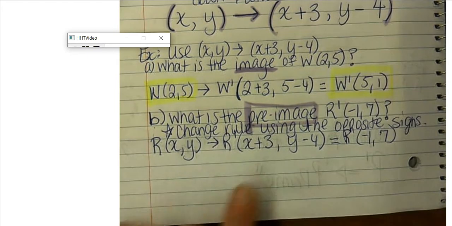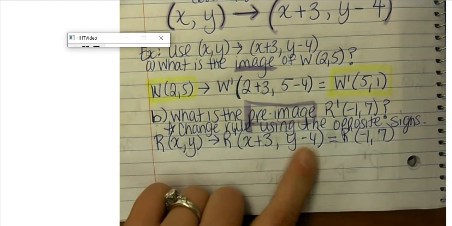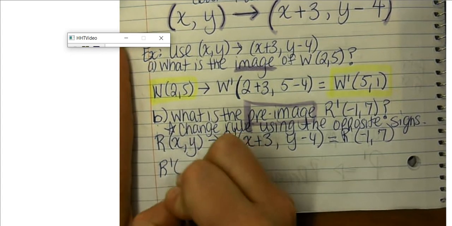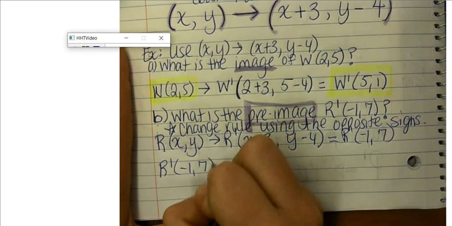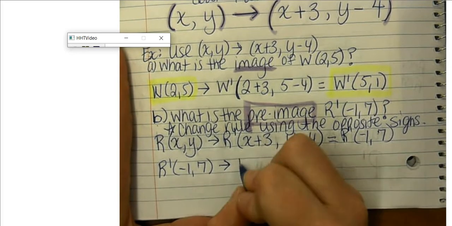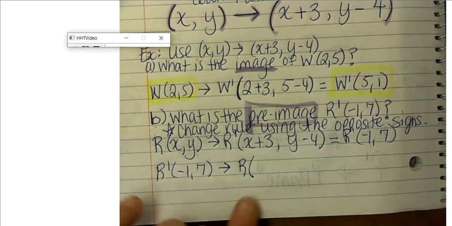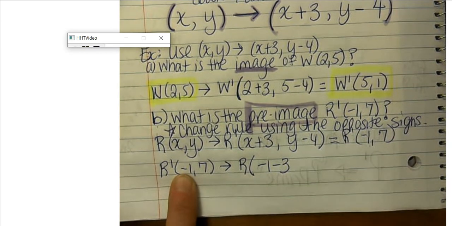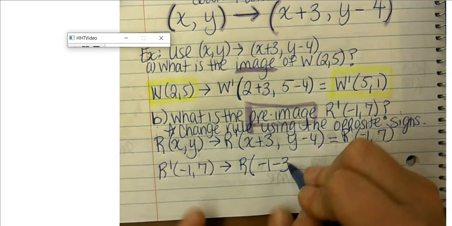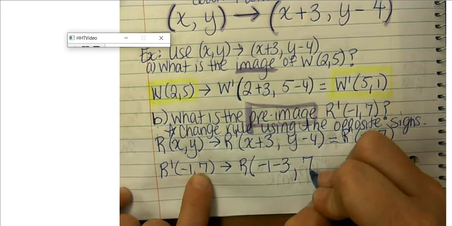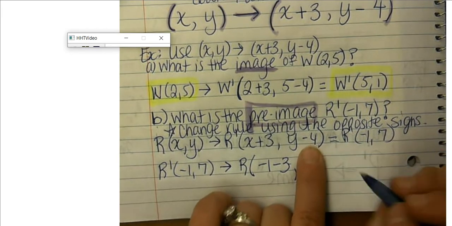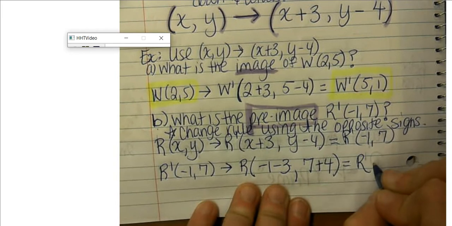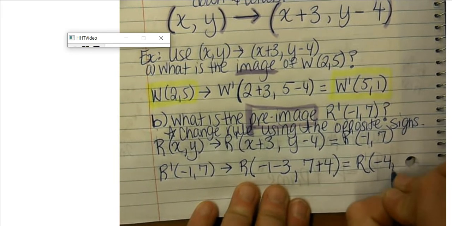So if the rule starts off at x plus 3 and y minus 4, to go from r prime, which is negative 1, 7, I am going to go backwards and find r by taking my x value, which is negative 1, and subtracting 3 instead of adding 3. And I'm going to take 7. Instead of subtracting 4, I'm going to add 4. And what we're going to find is that r is located at negative 4, 11.